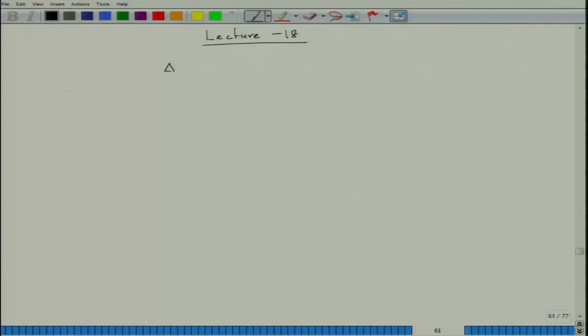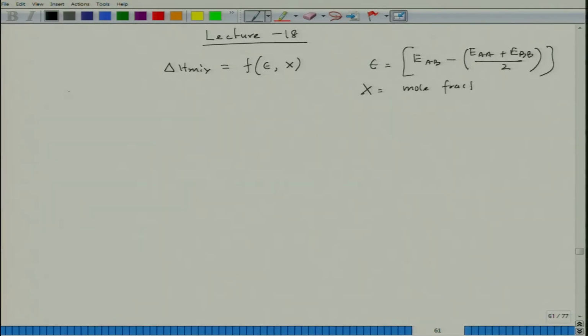We are trying to find ΔHmix as a function of E and X, where E is equal to EAB, the bond energy of the AB bond, minus (EAA plus EBB) by 2, and X is the mole fraction or atom fraction.